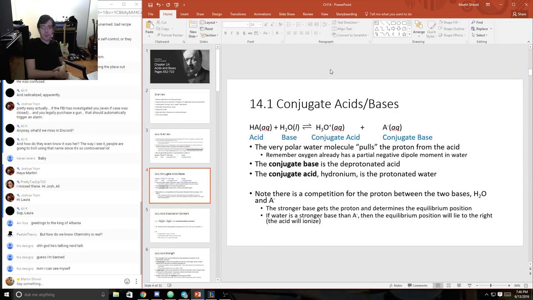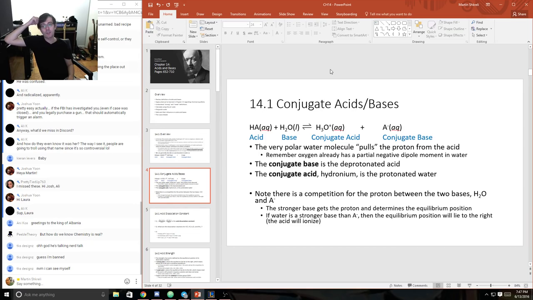Oxygen has that partial dipole moment, right? So it's going to be pulling that hydrogen. Oxygen is so electronegative, it's got these lone pair electrons, and it wants that proton, so it's going to pull it off. So the conjugate base, right, is this deprotonated acid. So think about that chlorine again. It's deprotonated. Its hydrogen has been ripped off of it, in essence, by the water, by that dipole moment.